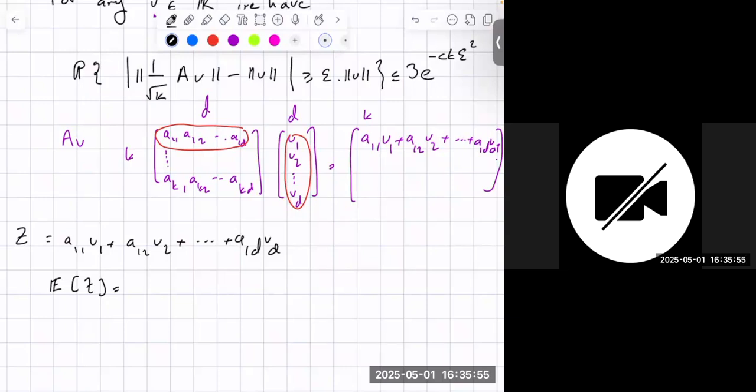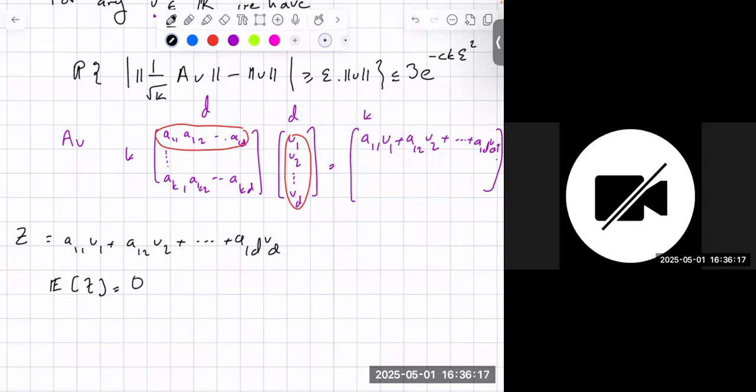These V's are just deterministic numbers. These A's are Gaussians with expectation 0 and variance 1. What will be the expectation of the whole thing? Expectation is a linear thing, so you can decompose it. The expectation of each term is 0, since 0 times anything is 0. You will end up getting that the expectation is 0. Fine.